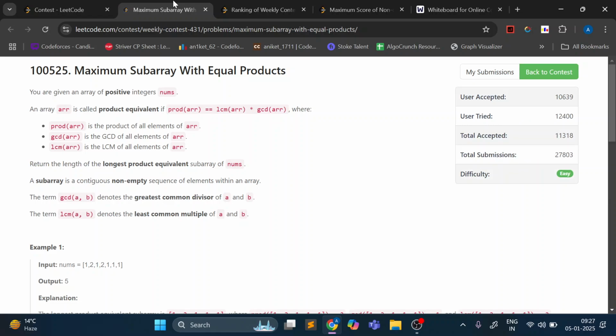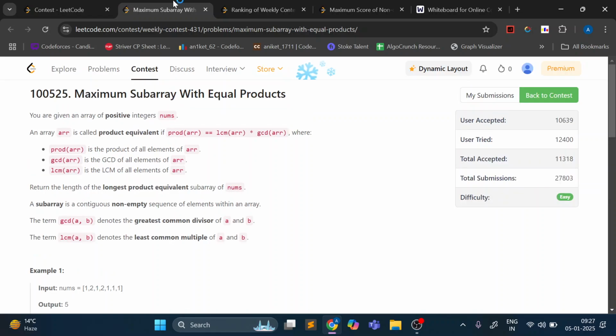As usual, this is a brute force problem. We are given an array of positive integers nums and we have to find a subarray such that it is product equivalent.